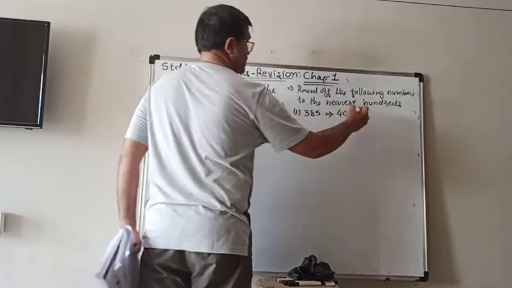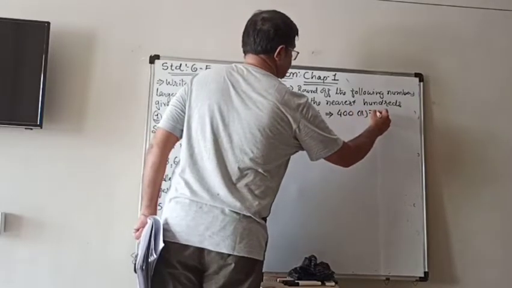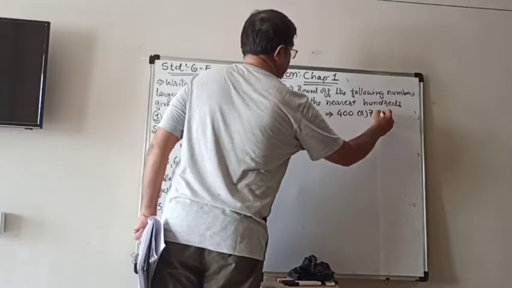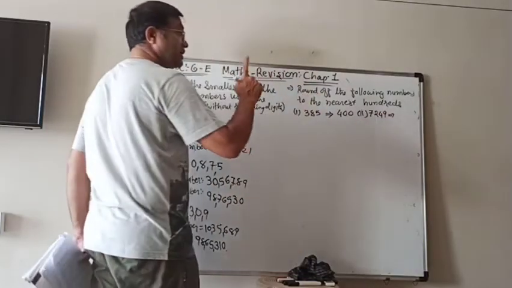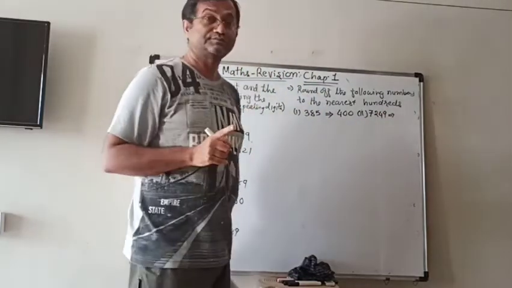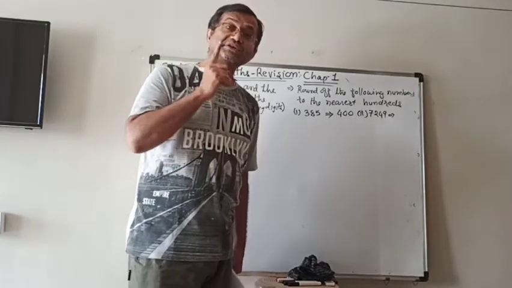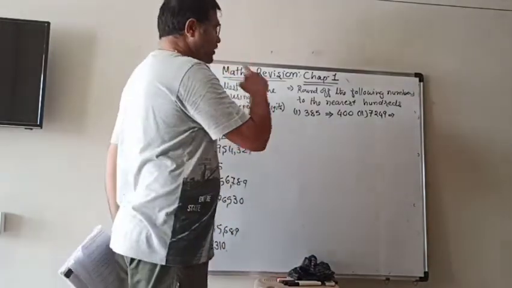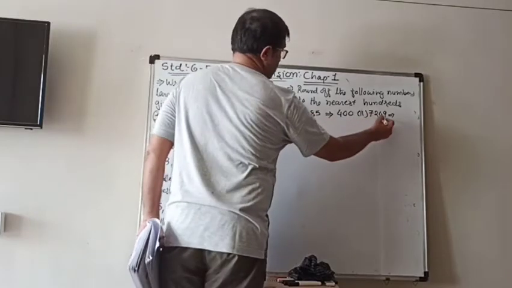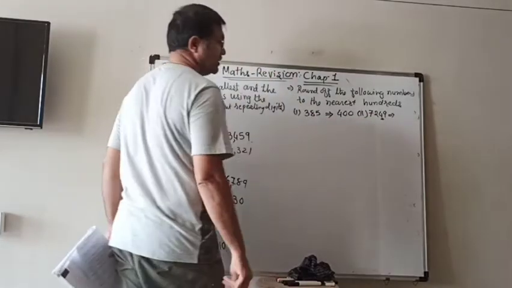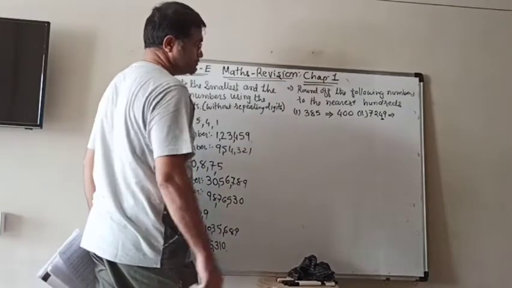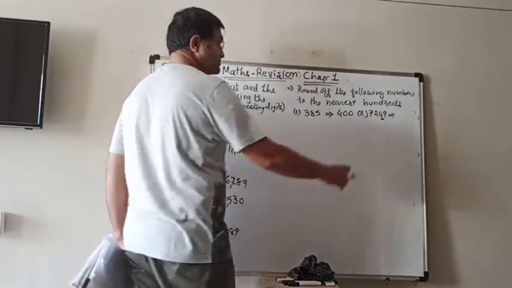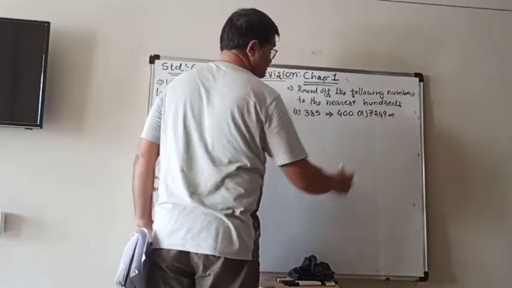Second, 7,249. Here also nearest hundreds, not thousand. Nearest 100. So now you can see that the second digit from the right side is 4, which is less than 5.